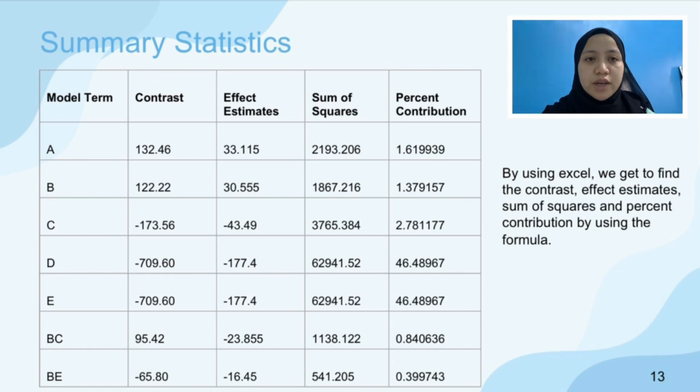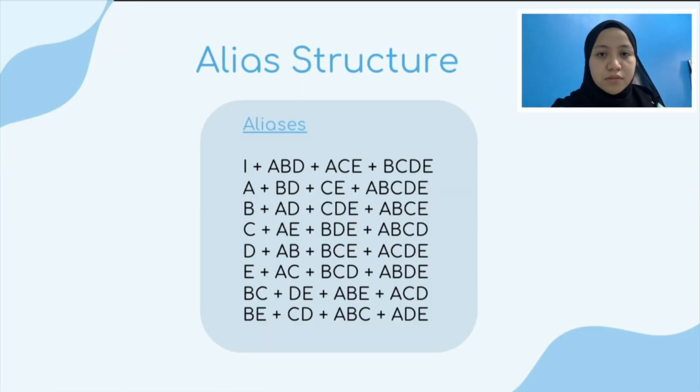In order to get these results, we have to use Excel, and we will use the formula given. So we get the contrast of A is 132.46, B 122.22, until we get the effect estimates, sum of squares, percent contribution. Next, we have the alias structures.